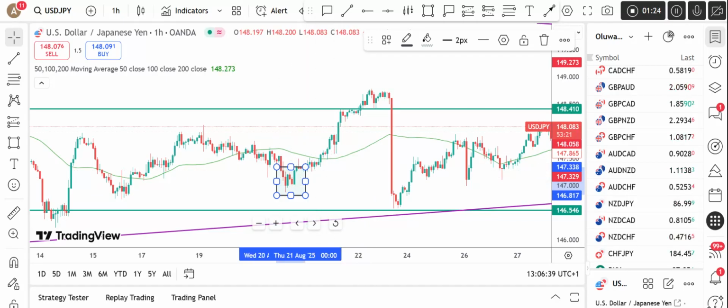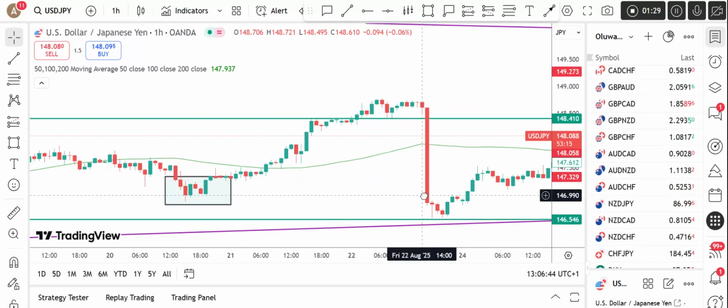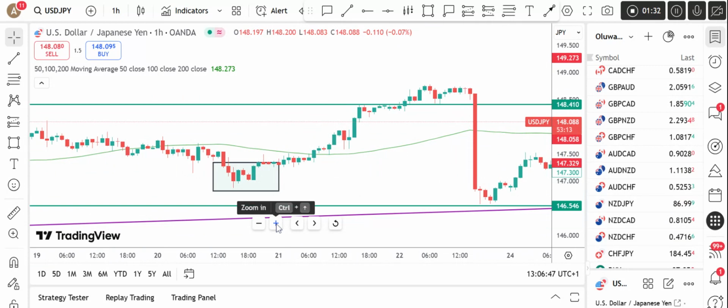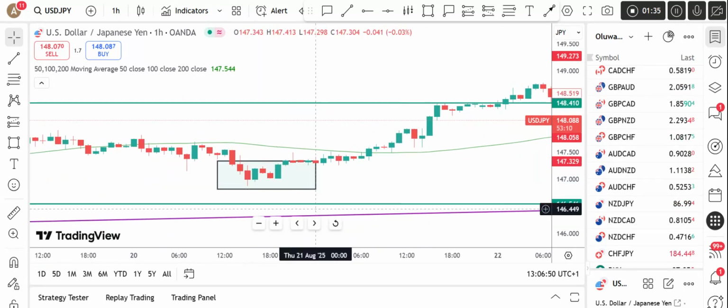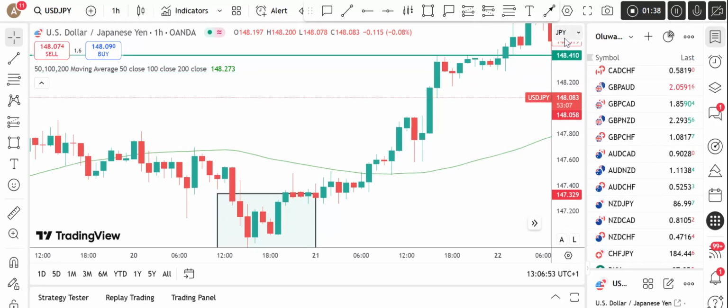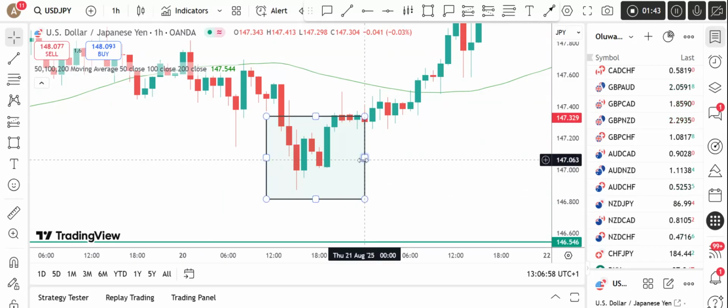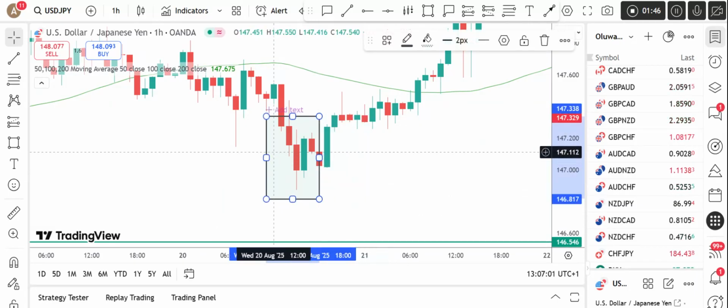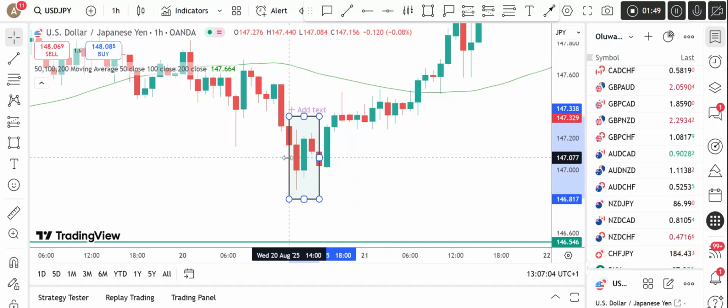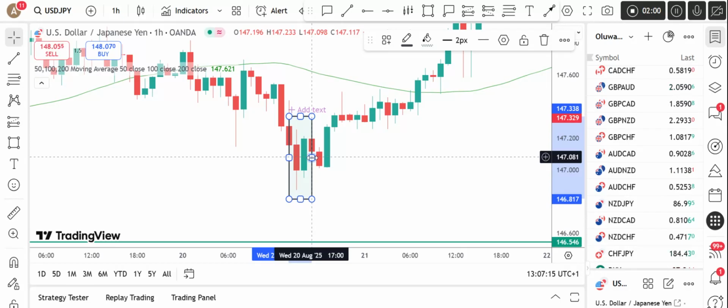Let me zoom out the chart. You can see that the candlestick here is a bullish engulfing candlestick. It's a signal that the buyers are about to take control of the market.